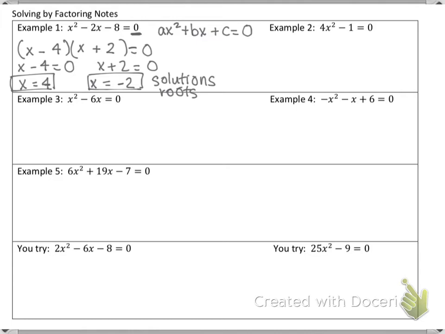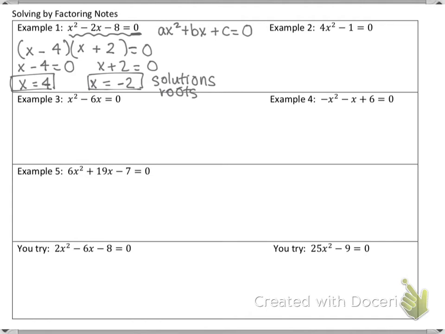If I were to call the function f of x equals x squared minus 2x minus 8, and I were to solve for its x-intercepts, I would get the same value, and I would call those the x-intercepts or the zeros of the function. They have a slightly different name when we have a function here as when we have an equation. We'll talk more about the differences in those names as we go through this unit.